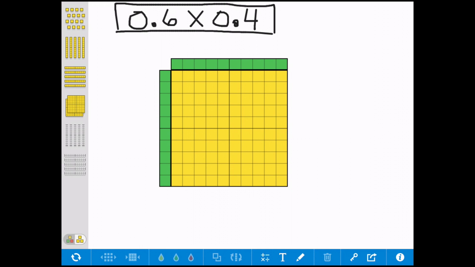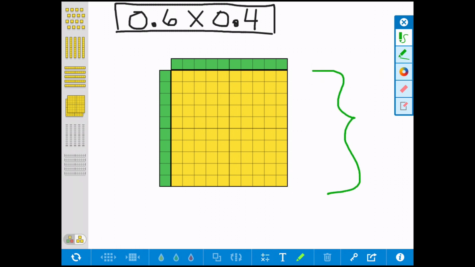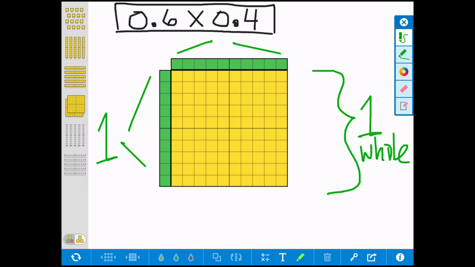This whole piece, this yellow piece, is equal to one whole, because it is 1 by 1. There's our 1 by 1.